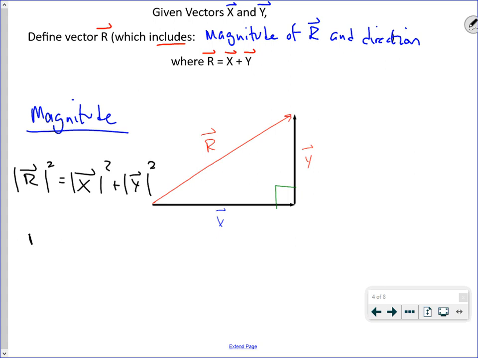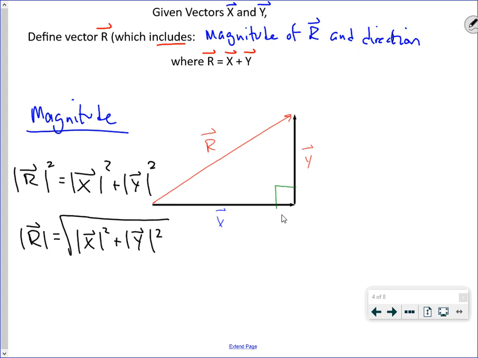Or that the magnitude of vector r is the square root of the sum of the squares of the magnitudes of x and y. Pythagorean theorem. No problem.